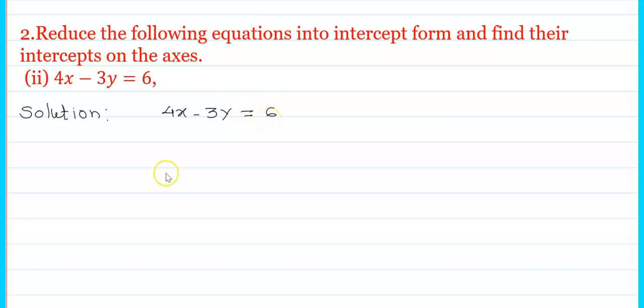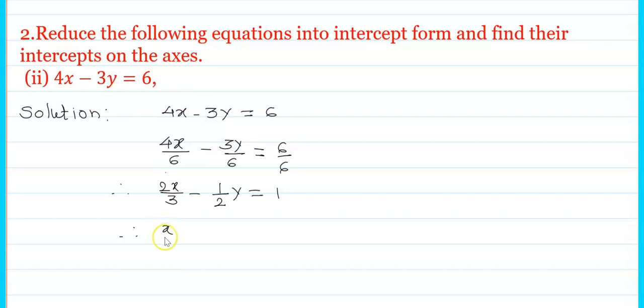Again divide both sides by 6. Therefore you will get 4x/6 - 3y/6 = 6/6. After division you will get 2x/3 - y/2 = 1. Again this can be written as x/(3/2) - y/2 = 1.